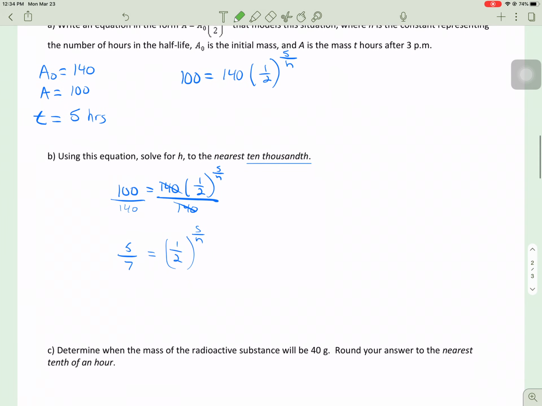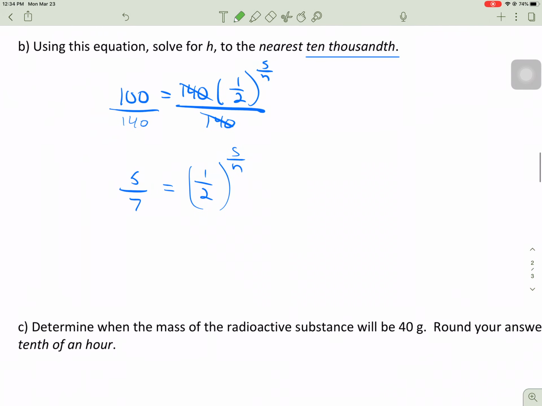Variable as an exponent, let's do our log. We have base, answer, this whole thing is the exponent, so this becomes log base 1/2 of 5/7 equals 5 over h.